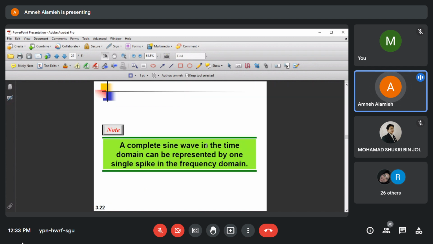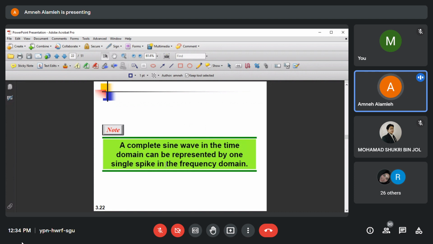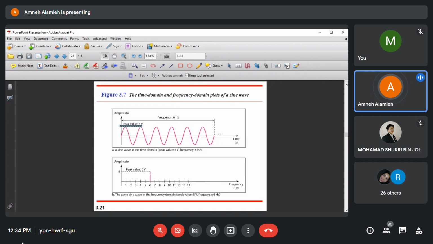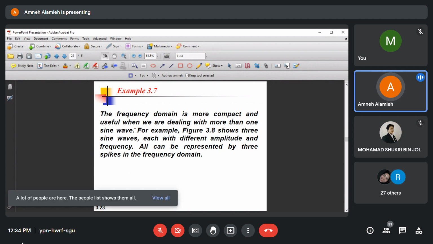A complete sine wave in the time domain can be represented by one single spike in the frequency domain, as we see here. One only. It's more clear. The frequency domain is more compact and useful when we are dealing with more than one single sine wave.